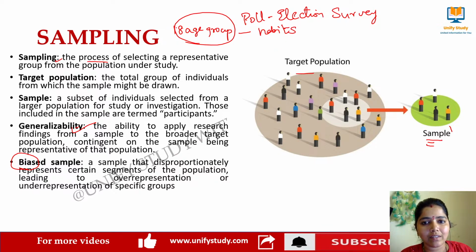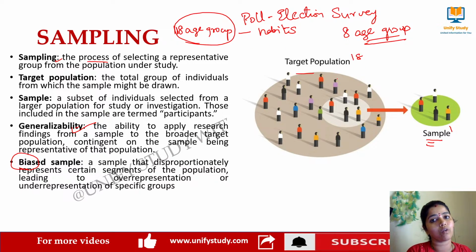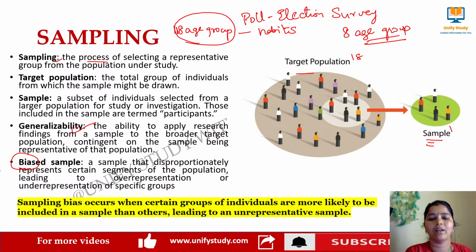If I take the age group of 8, it is biased. In some cases, if I take 18 age group from my own set of people, there is also a bias. I have to cover the whole population of 18 age group people. I should not go with a biased one. If I do some kind of biased sampling, it will definitely not represent the whole population, and that we call a sampling bias.